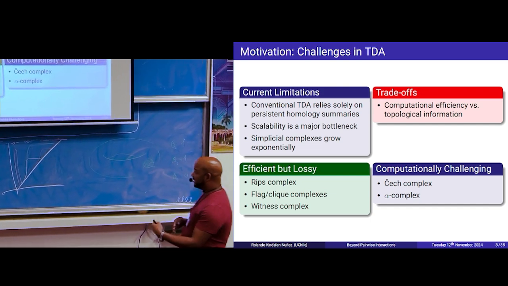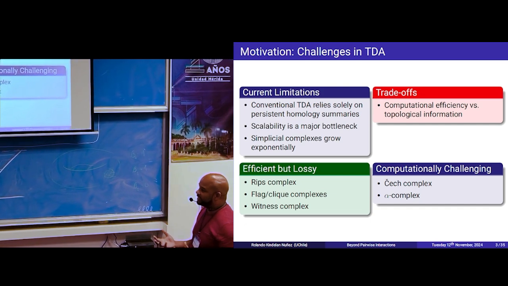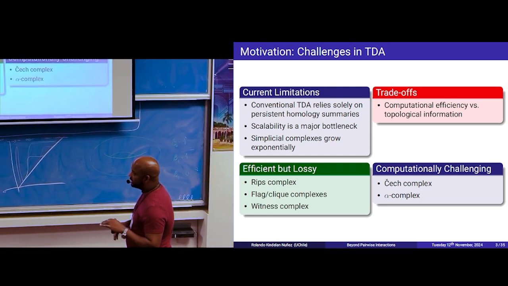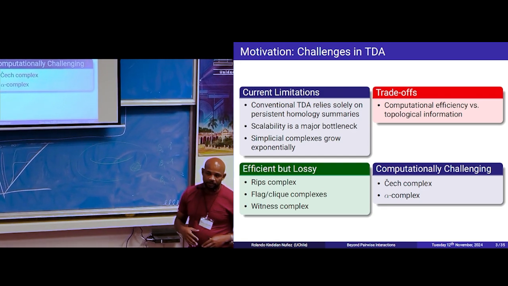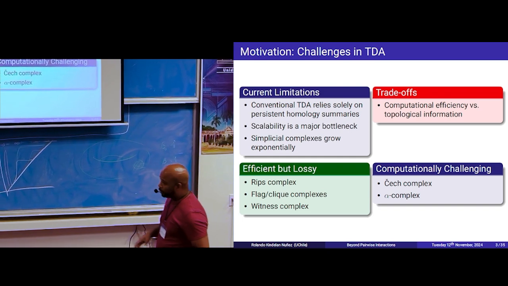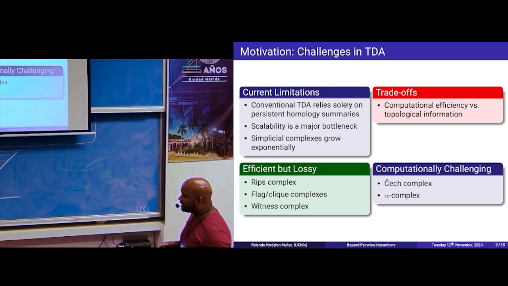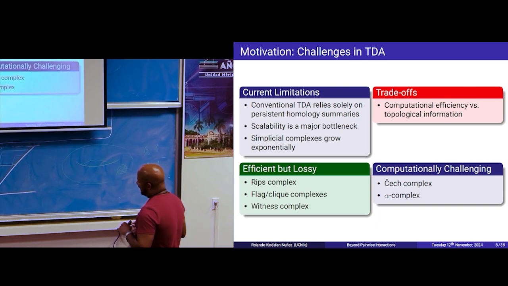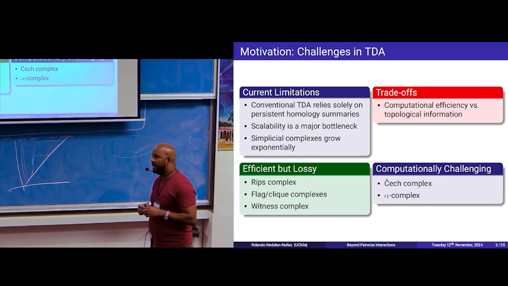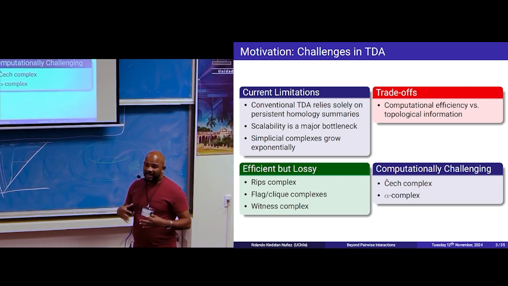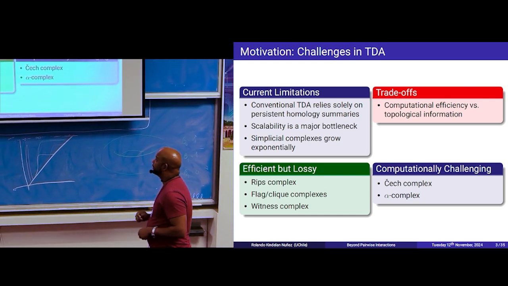So in that case, you will want to utilize the complex to make your classification using a label propagation algorithm or something. In that case, you will notice that TDA actually has a scalability issue. That means that we actually cannot utilize so much large data.